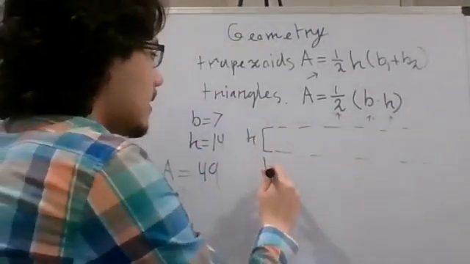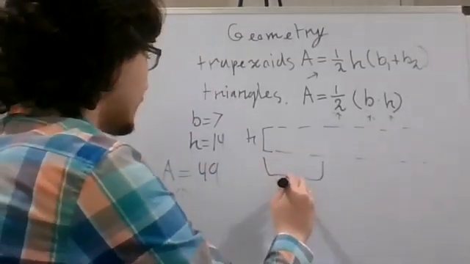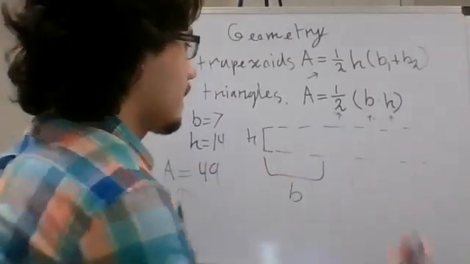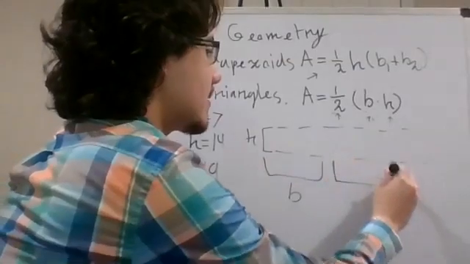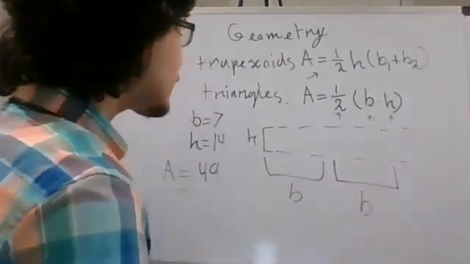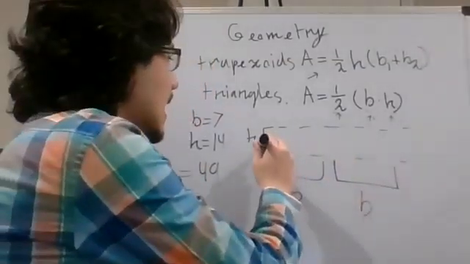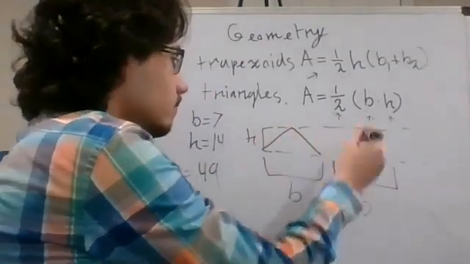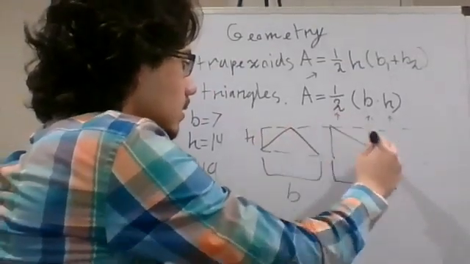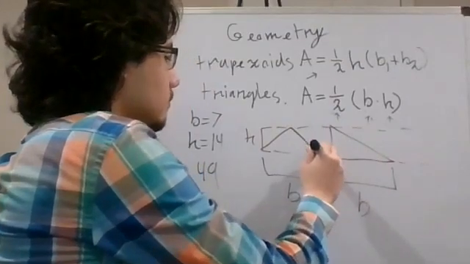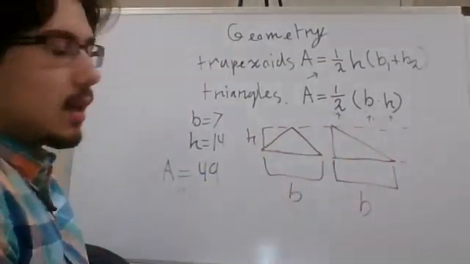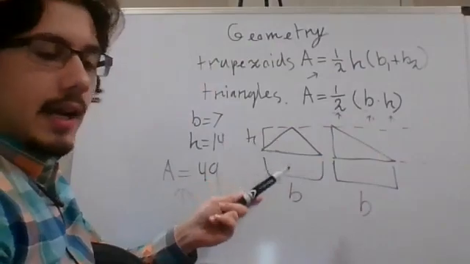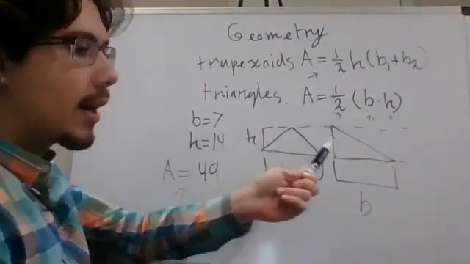And let's say that this is a base of 7, and we'll say that this is a base of 7 as well. Can anybody tell me, do these have different areas? Why or why not?